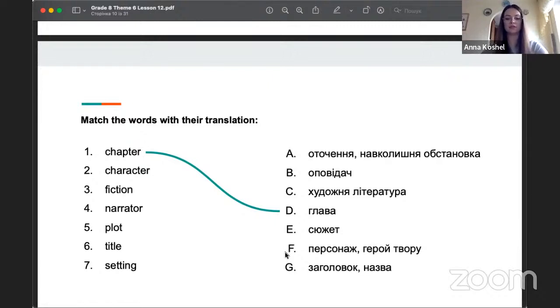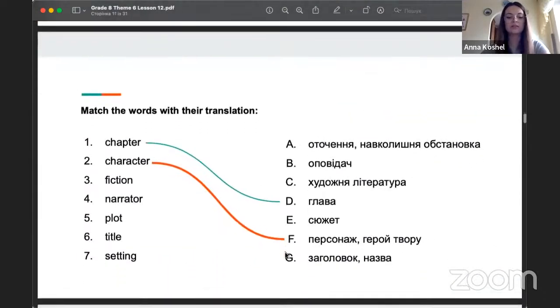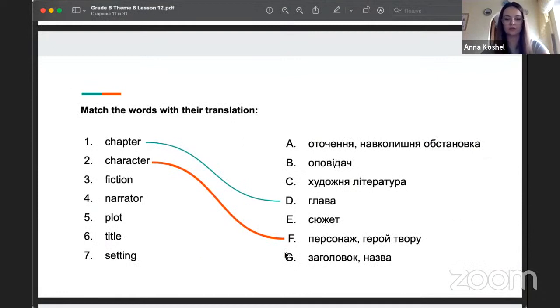A person, so that should be a hint. Так, підказка. Це людина у книзі. So who's that? Definitely, that's 2F. A character is персонаж, герой твору.